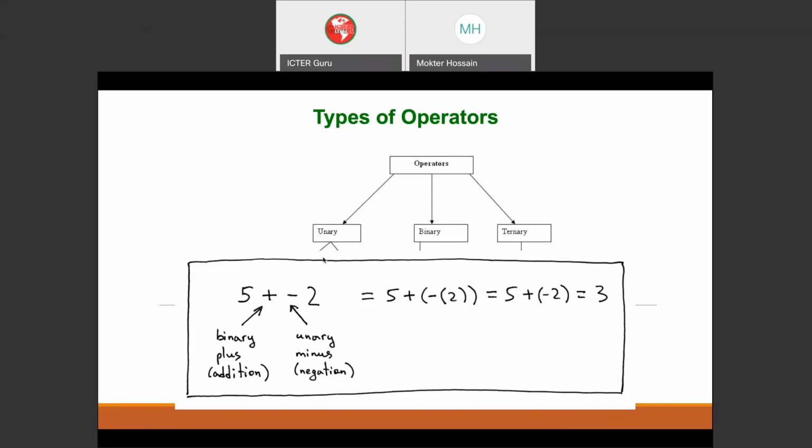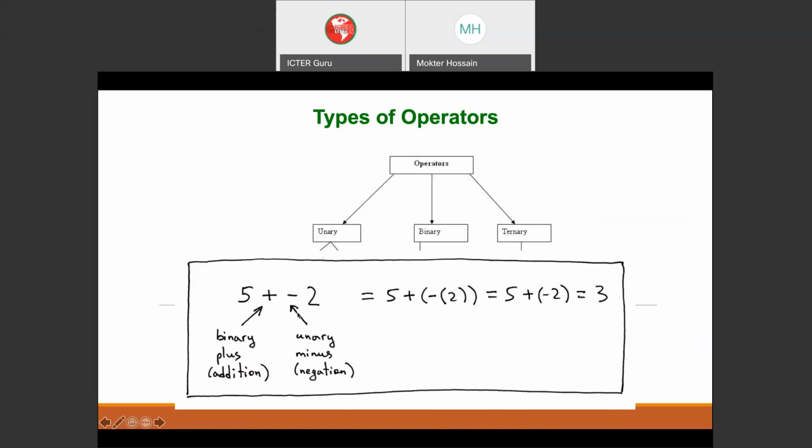This negative sign over here, this minus sign, right? If we say 5 plus minus 2, this negative sign here is a unary operator. Okay, we are familiar with this, right? So the result will be 5 plus minus 2 equal to 3.